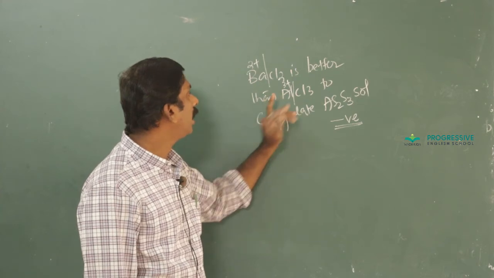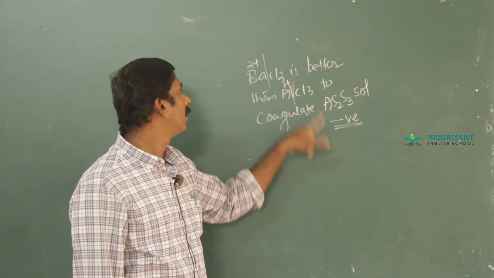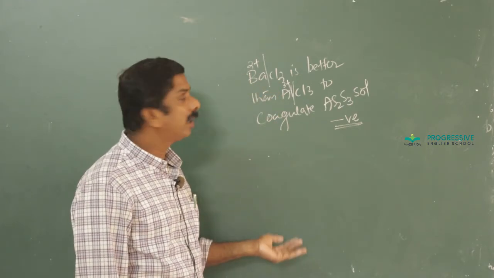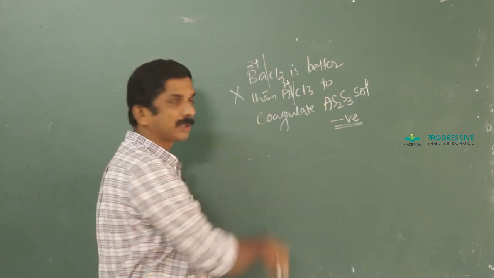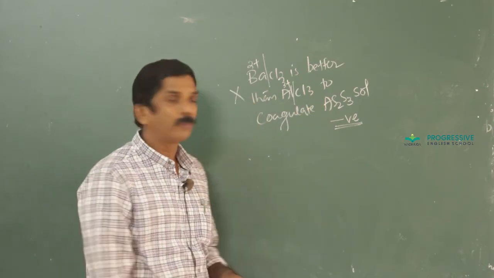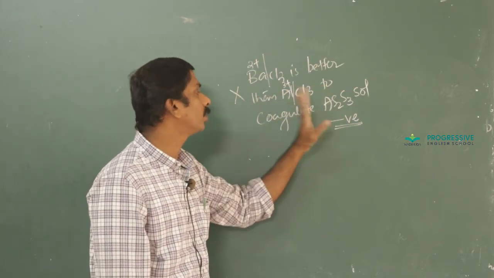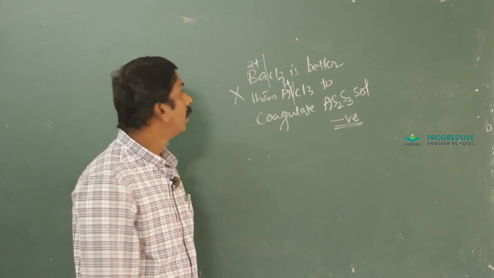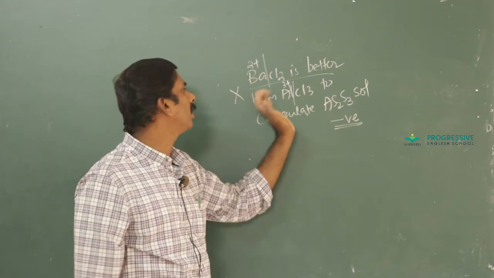Therefore, Al3+ is better than BaCl2 to coagulate As2S3 sol. The given statement is wrong. We have to modify it: AlCl3 is better than BaCl2 to coagulate As2S3 sol. In the question paper, it says BaCl2 is better than AlCl3.